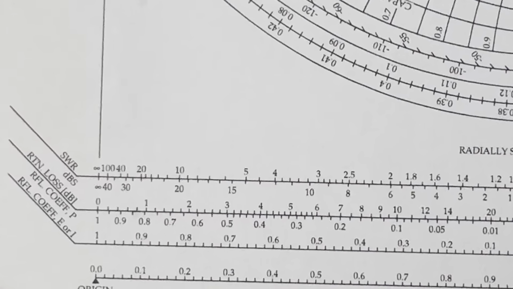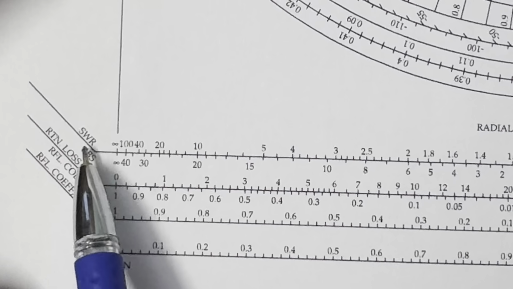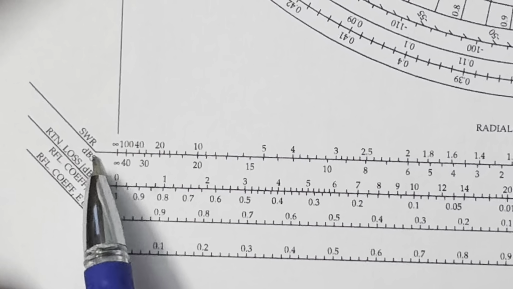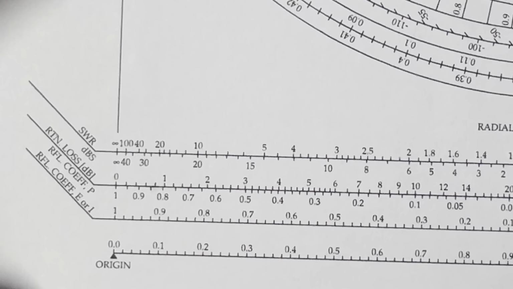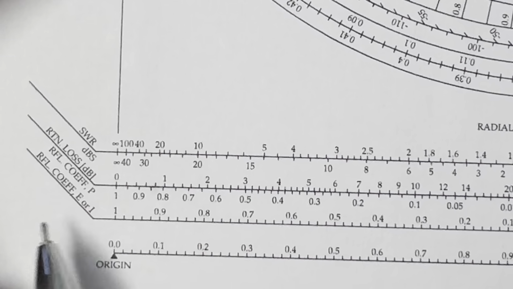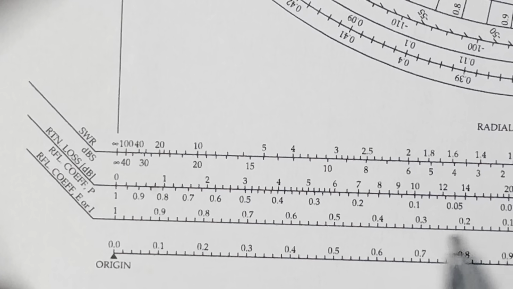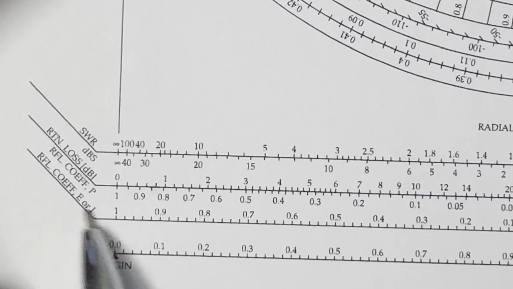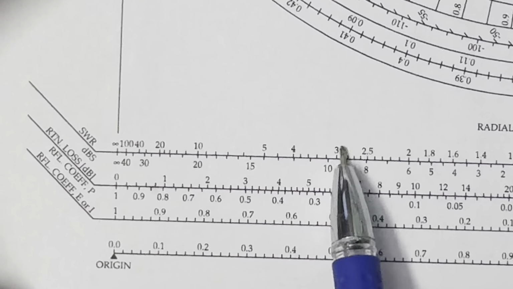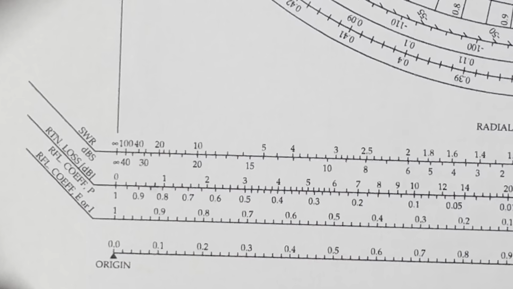the scale existing here at the bottom of the chart. Here it is the SWR line, and next is the reflection coefficient line. SWR line and reflection coefficient line, these two lines are used here. We need these two lines.